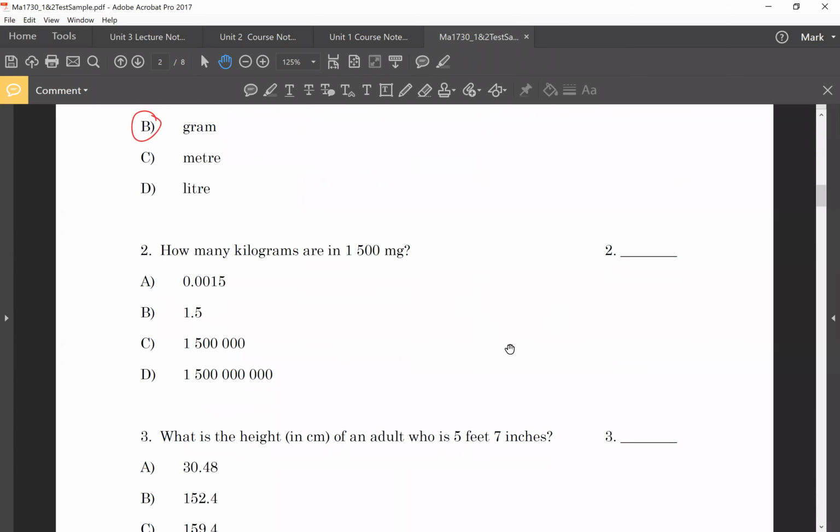Now we get into some unit conversions. Question number 2, how many kilograms are in 1,500 milligrams? Very quickly, I'm going to show you how this works. I'm going from milligrams to kilograms, so I'm going to open up my formula sheet.